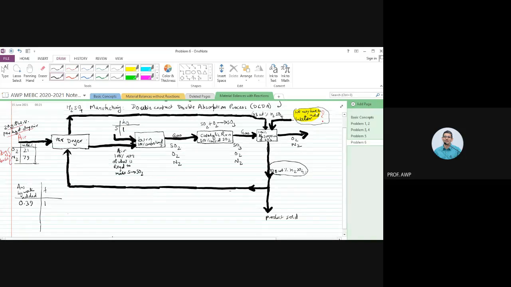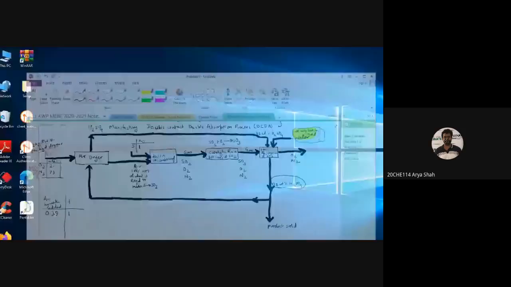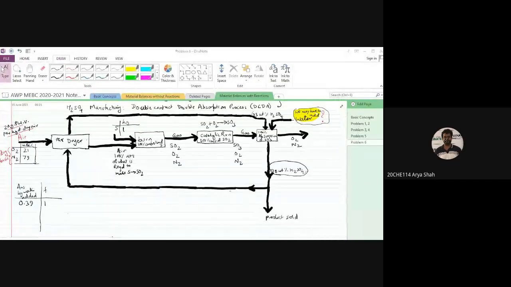So 0.453 kgs of water should be added. Okay. 0.45.